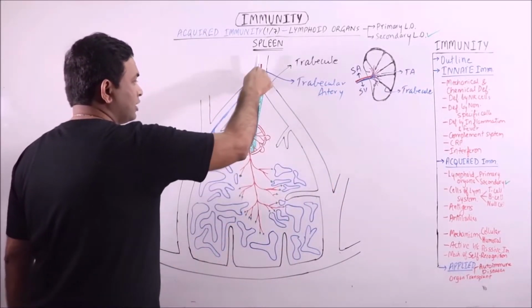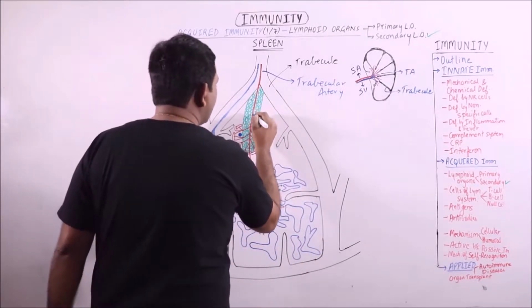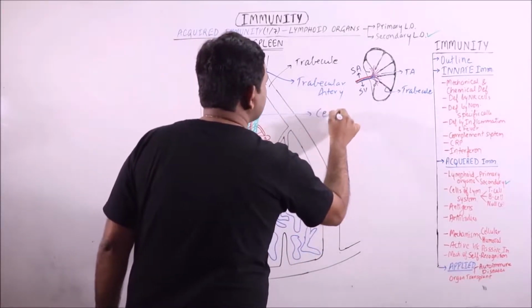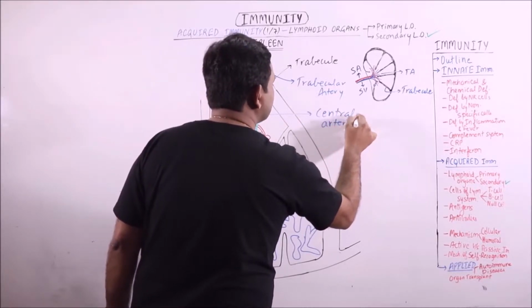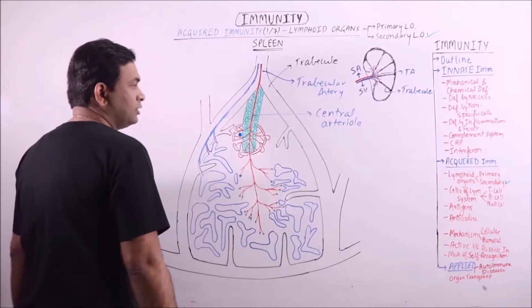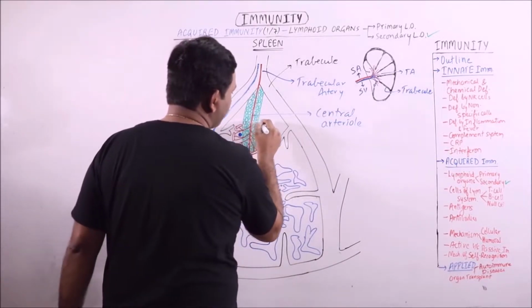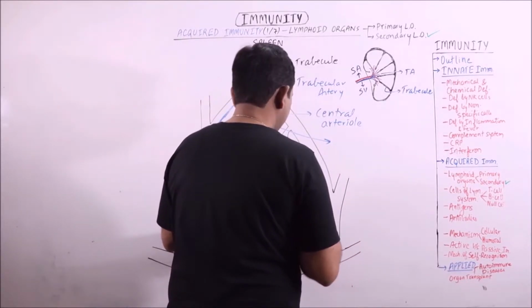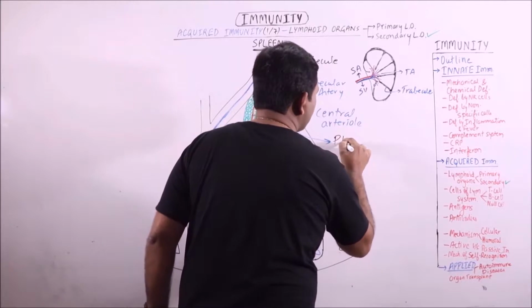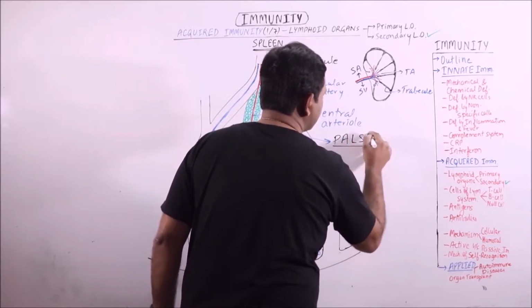As soon as the trabecular artery enters a compartment, it is termed the central arteriole. This central arteriole is surrounded by a sheath of T cells, which is known as the periarteriolar lymphoid sheath.